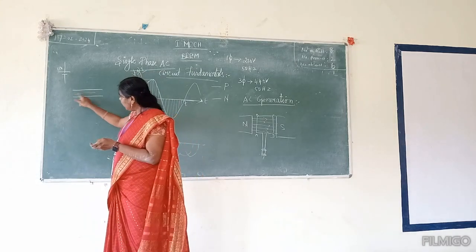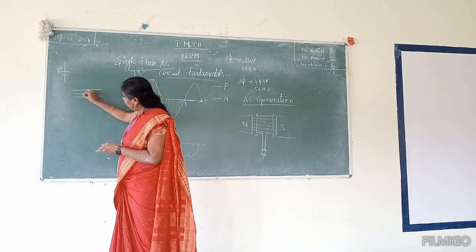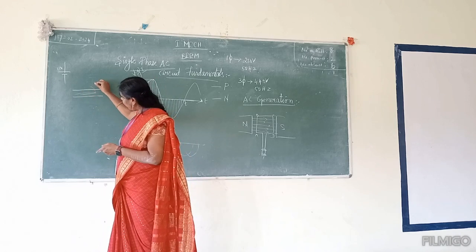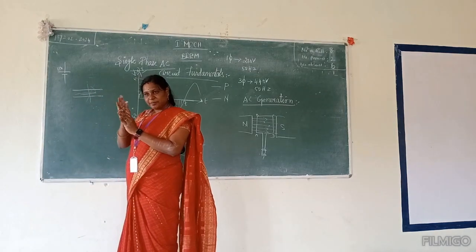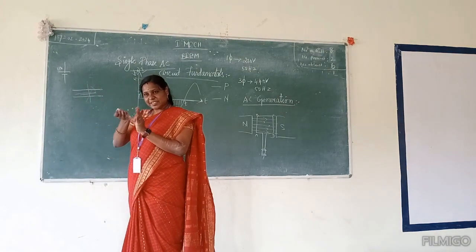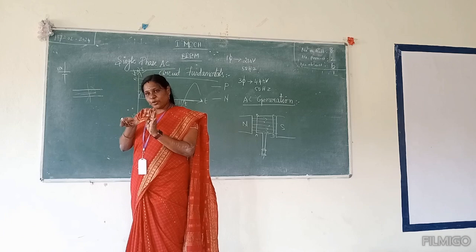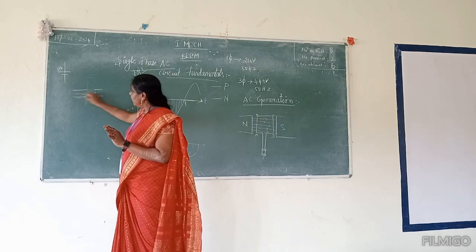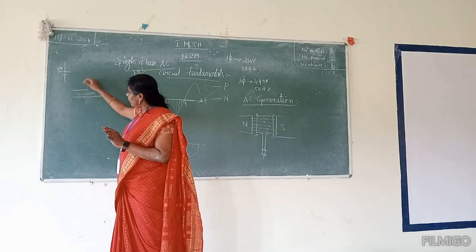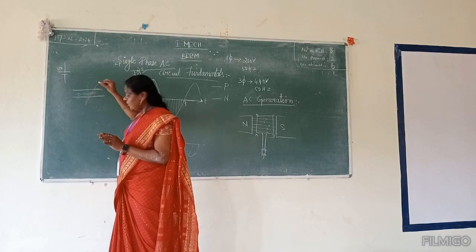Rotating the coil, initially it will be like this. If I rotate, it will be rotated like this. The coil will move to this position. The flux lines will always be like this. Rotate the coil, what will happen? Initially it will be placed like this. After some time it will cut like this.